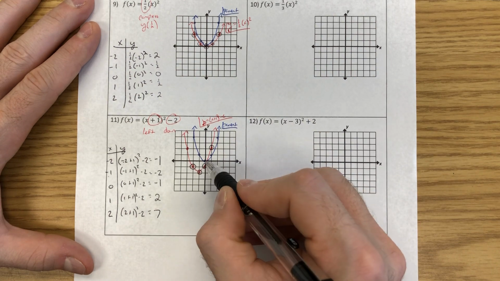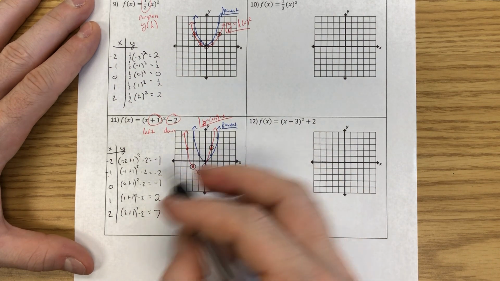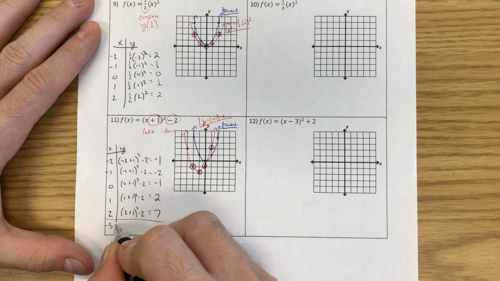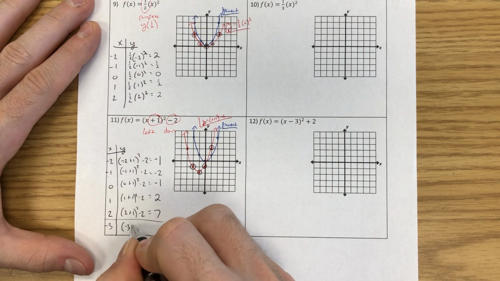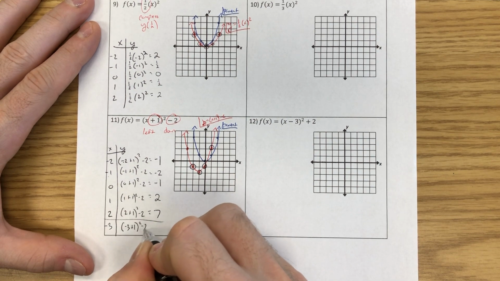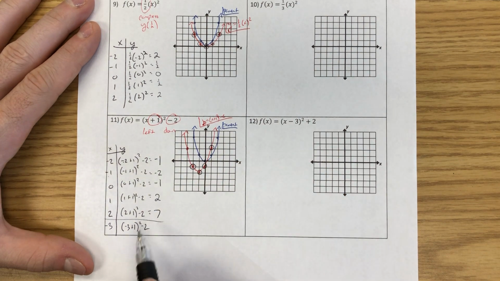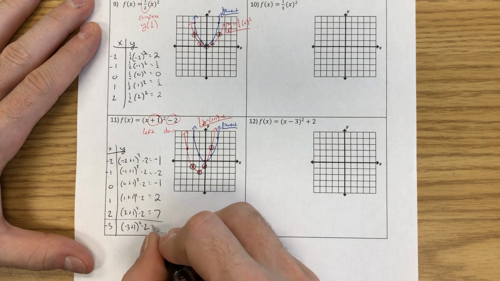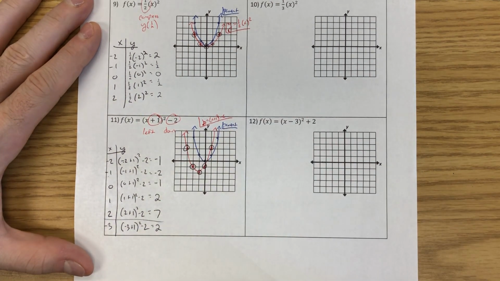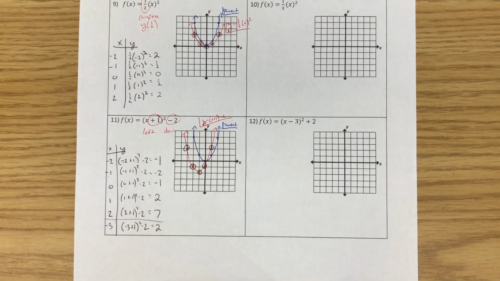The only point I haven't checked is negative 3. So I'm going to see what happens when I plug in negative 3, and I'm hoping to get 2. So negative 3 plus 1 is negative 2, squared is 4. 4 minus 2 is 2. Yep, they all check out. And there we go.